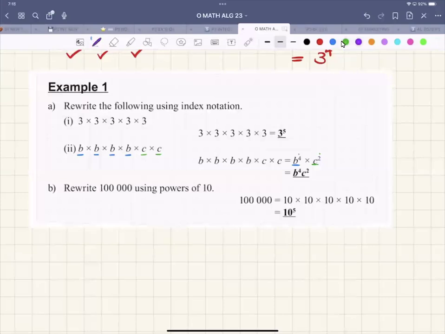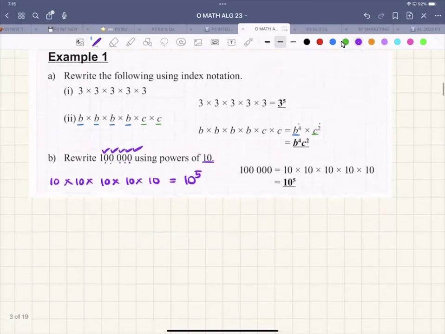Similarly, if we look at this, that is 5 zeros as powers of 10. So this is basically 10 multiplying by itself 5 times, because there are 5 zeros over here. So this can be written as 10 power 5. So indices makes life a lot easier.